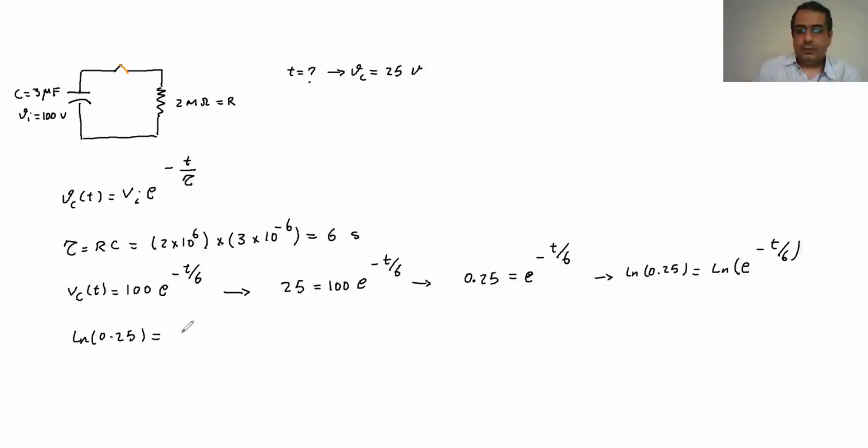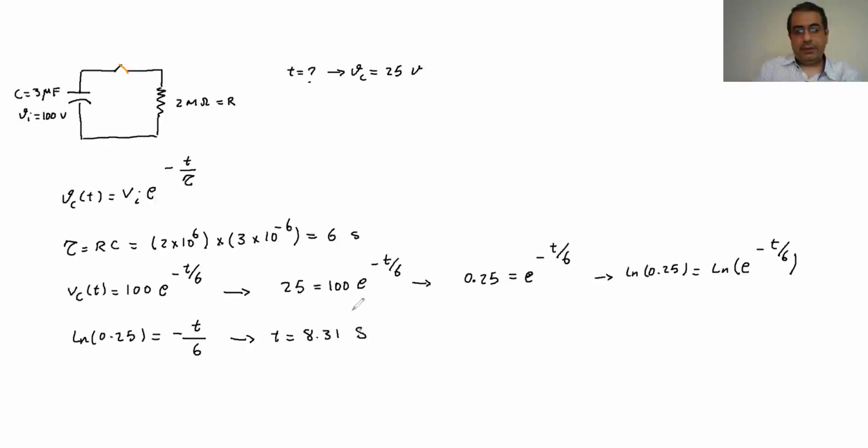It comes to negative t divided by 6. And then eventually if you do the calculation, you'll find t would be 8.31 seconds.